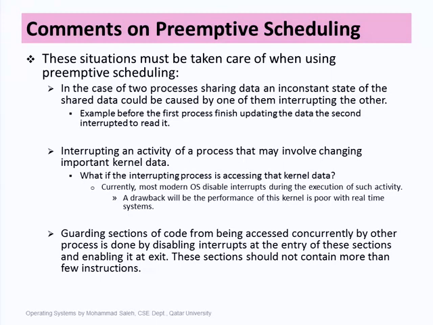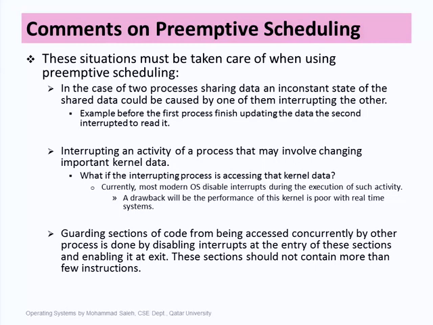Why do I call it a critical section? Because the process is modifying data, and that data might be shared with other processes. So halfway through the modification of the data, the process is interrupted.